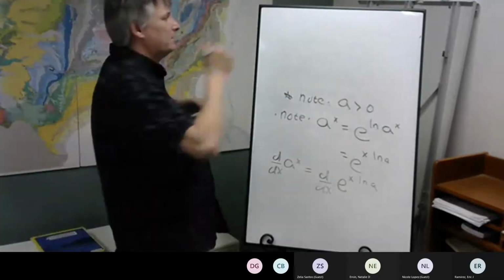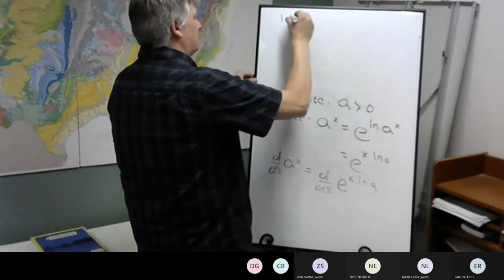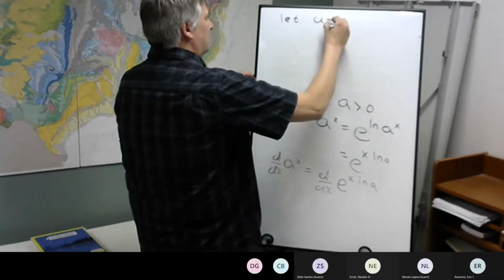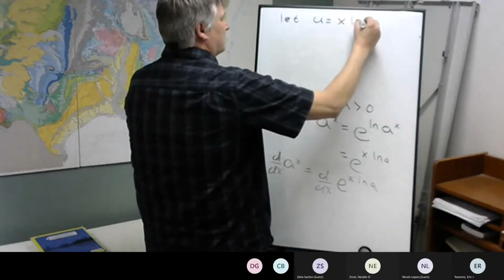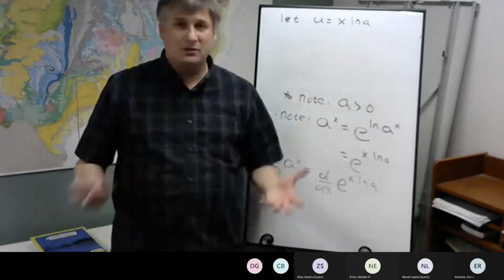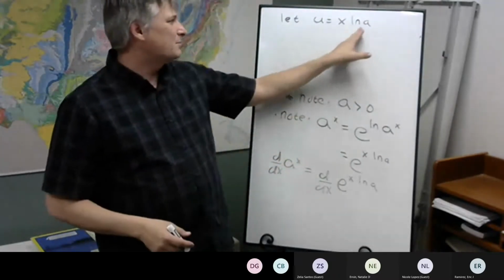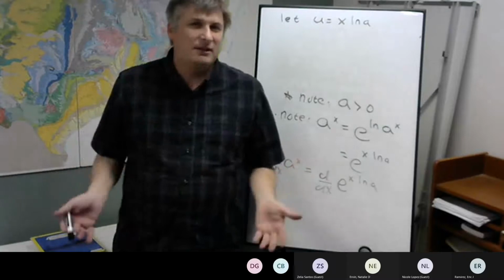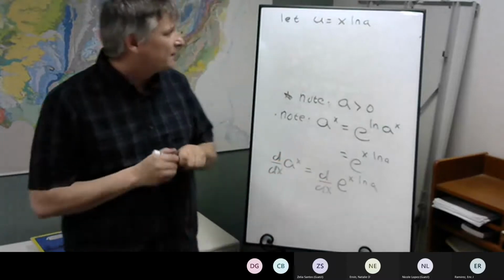Now we're going to let u equal x natural log of a. And the thing to keep in mind here, natural log of a, that's just some kind of number. So this is a number times x. It's not really any different than 3x, for example.